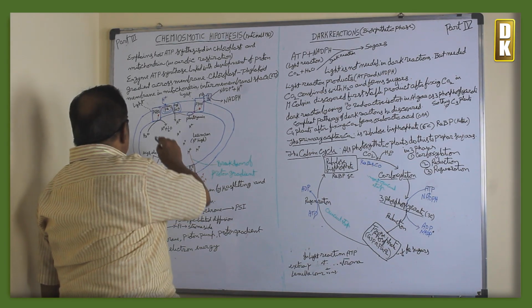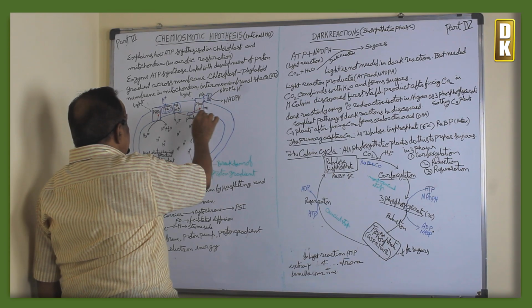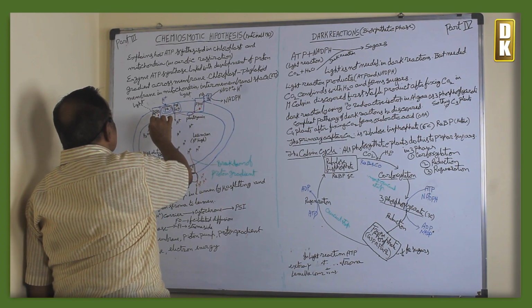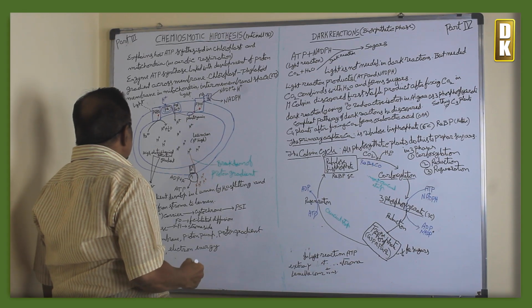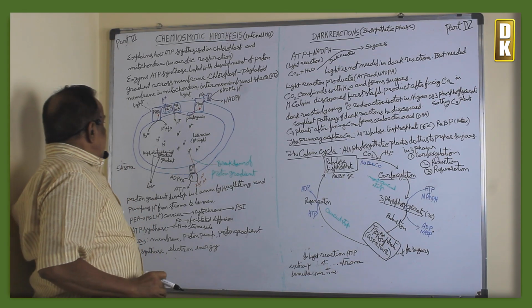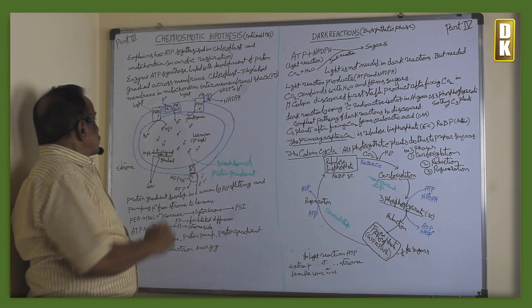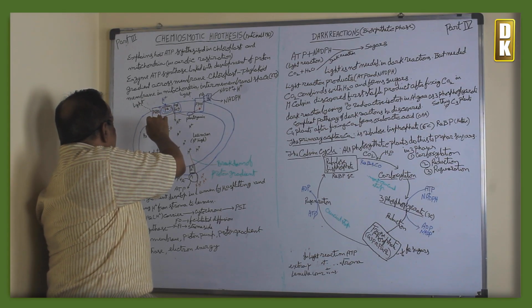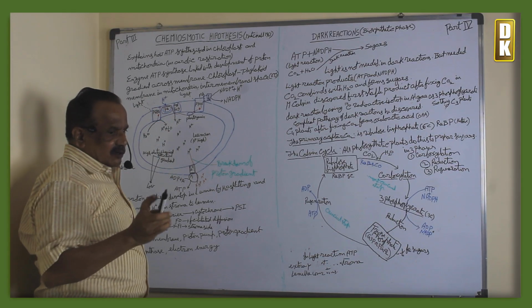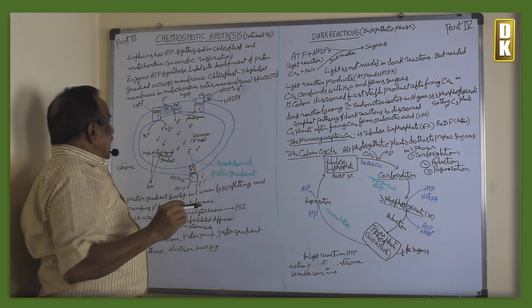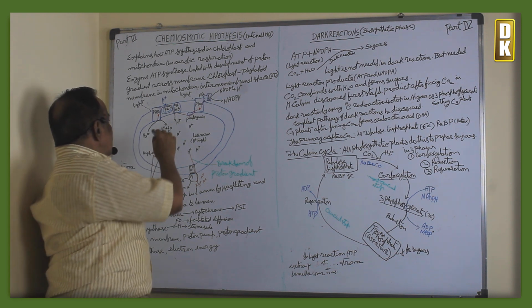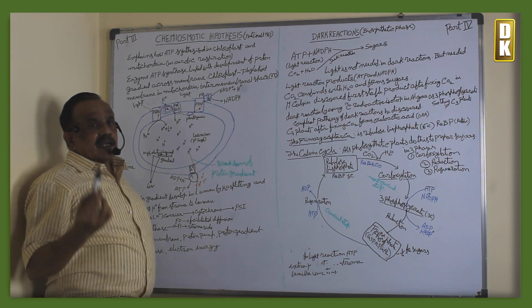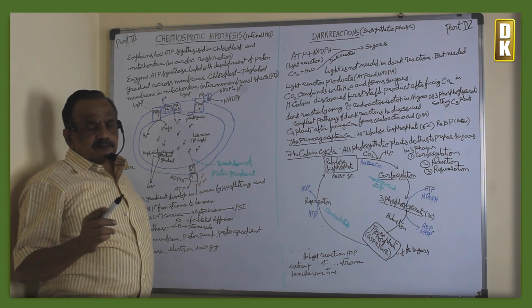Now you see, in the membrane there will be P680, that is photosystem 2. Photosystem 2 receives the light and is excited, and one of the chlorophyll molecules will be excited and send out electrons. The electrons will be received by the electron acceptor, as you read in the Z scheme also.